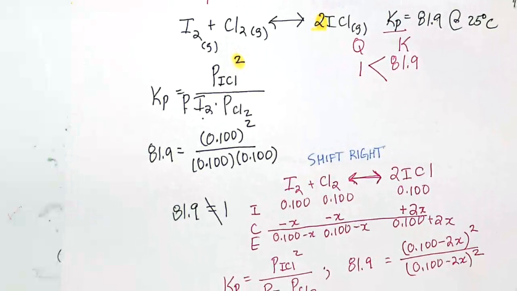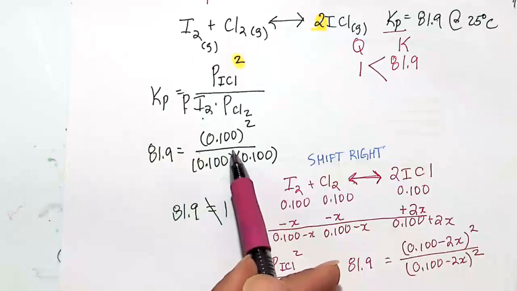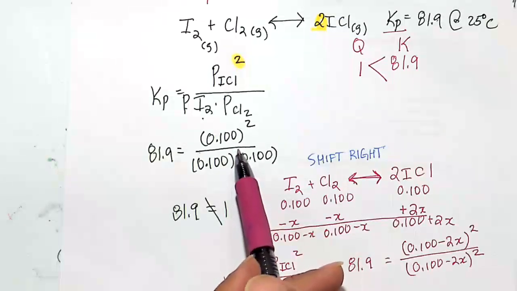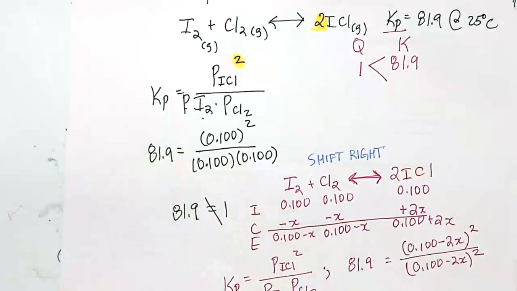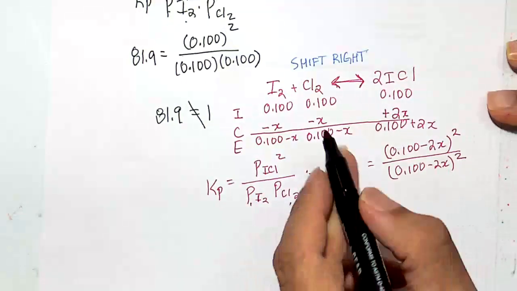Why do we shift right? The alligator rule tells us to shift right because these pressures given to us in the problem are not equilibrium pressures. All right, like before, we're going to take the square root of both sides.